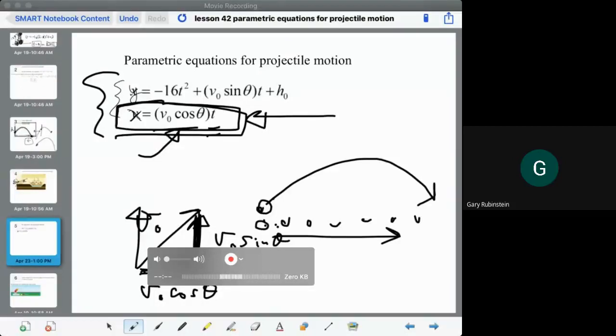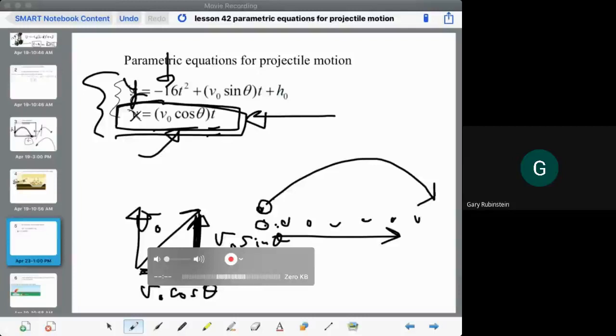Now, for the height, which is y, it's a fact that gravity operates on Earth so that negative 16 feet per second squared is the gravitational constant. So if we're using feet, which we are for our examples, this will always be negative 16 t squared.